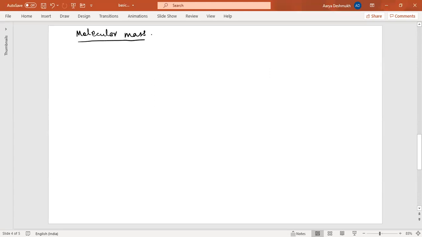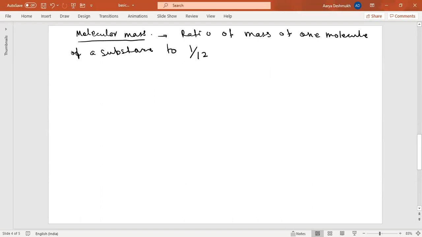It is the ratio of the mass of one molecule of a substance to 1/12 of the mass of one atom of carbon 12.